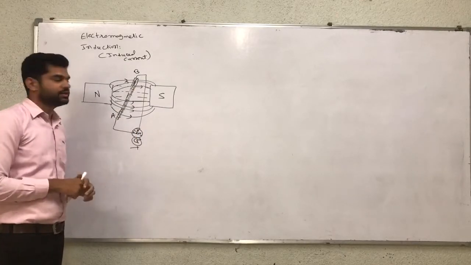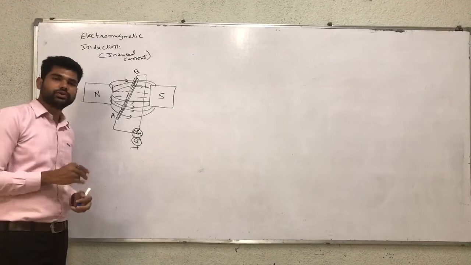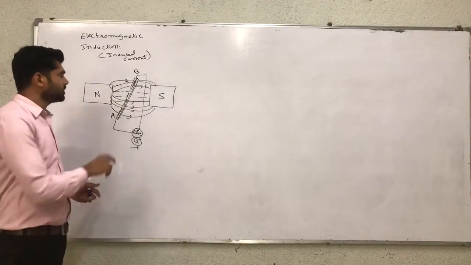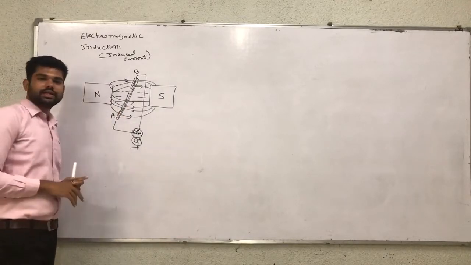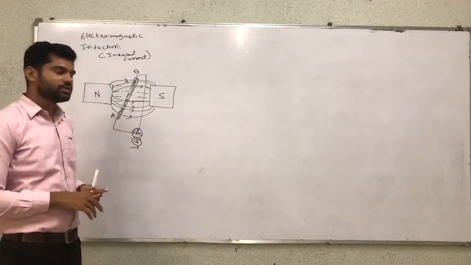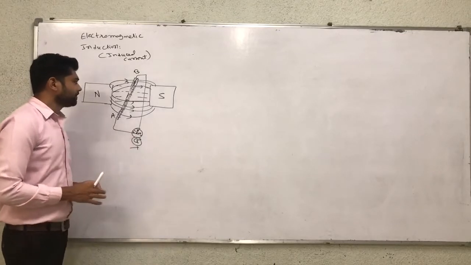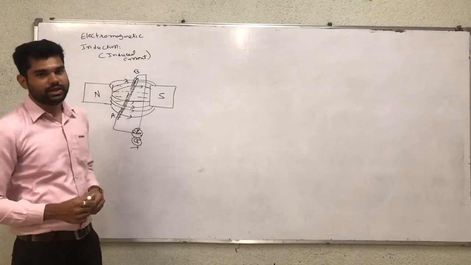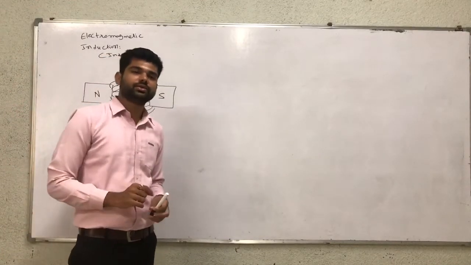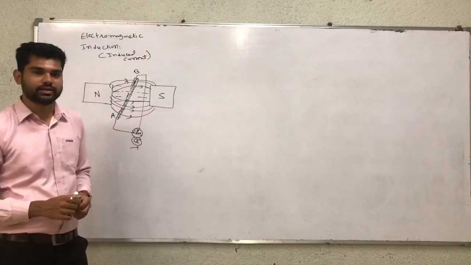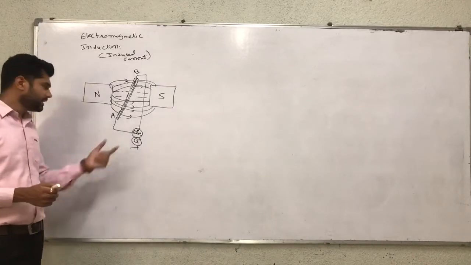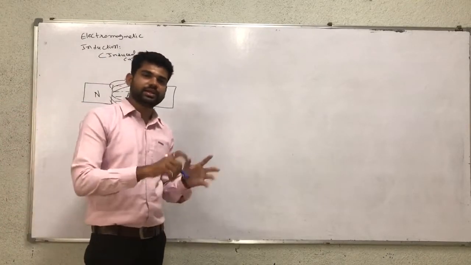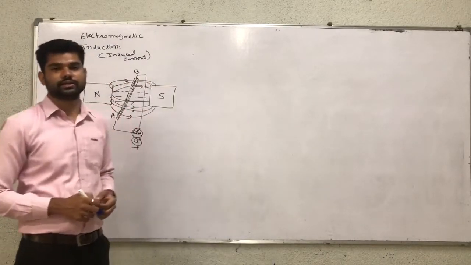The conclusion is that electric current is produced due to the presence of a magnetic field and motion, and if the motion is continuous, the electric current is produced continuously, seen in the galvanometer. Since the electric current is produced this way, it is known as induced electric current, because we do not connect a battery or other appliances to get electric current. Here in this activity we get electric current.